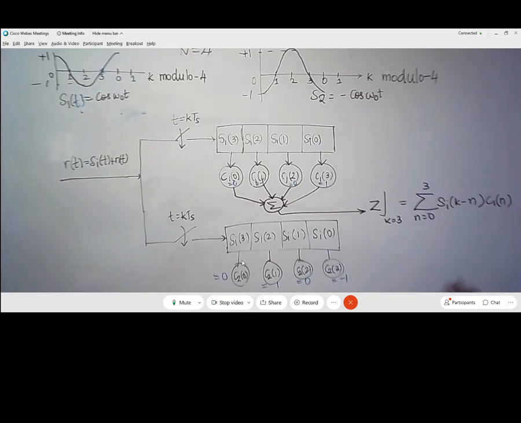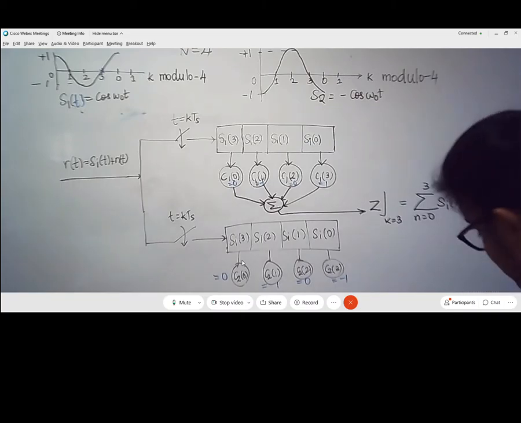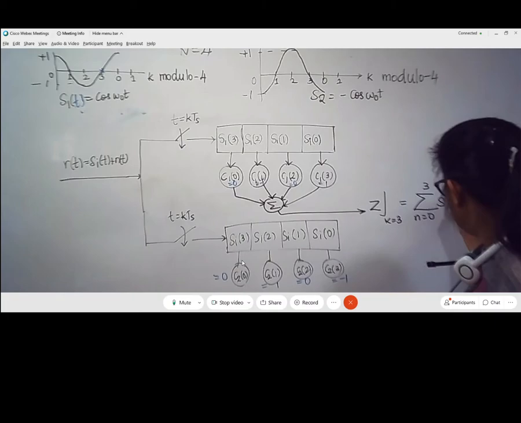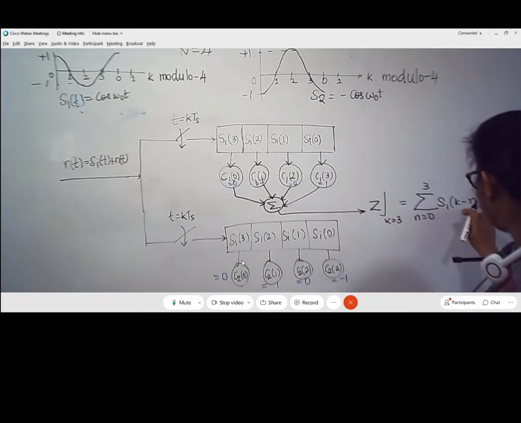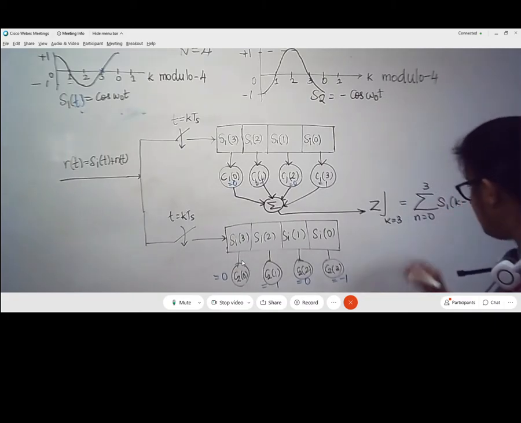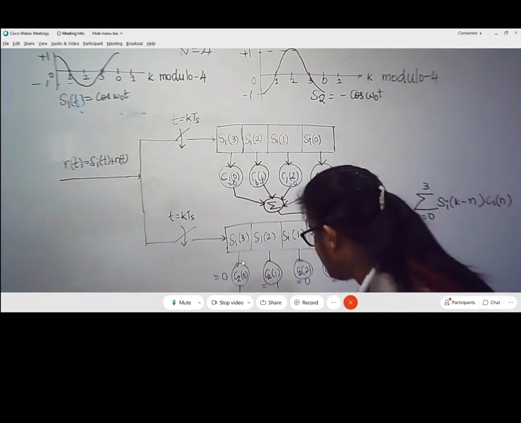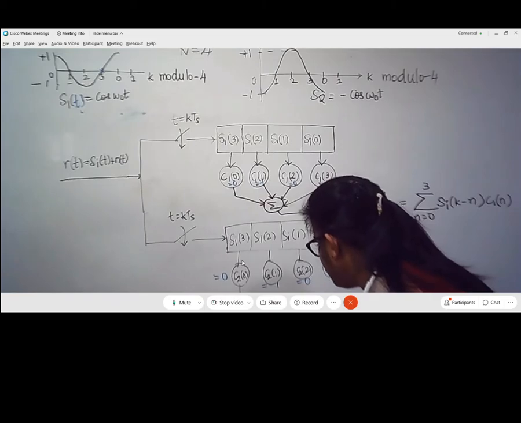Let us try to understand this. In a similar way, for this case it will be S1 of k minus n into C1 of n, or Si you can write in general. Similarly, in the bottom line I will also have a summing operation, where each sample is multiplied with the corresponding weight.